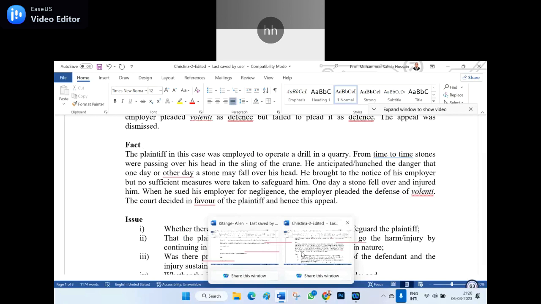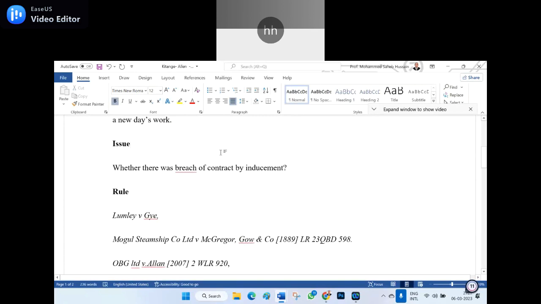When you come to the issues, always I told you, whether the issue is number 1 or number 2, whether the issues are 2 or 1. So generally the issue is not 1 in any case.